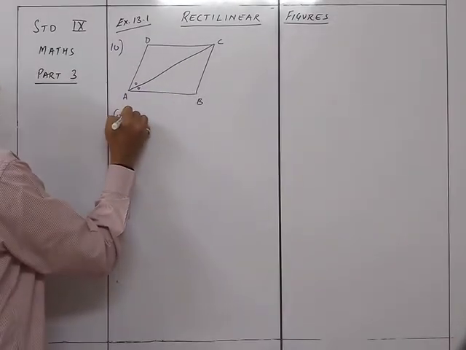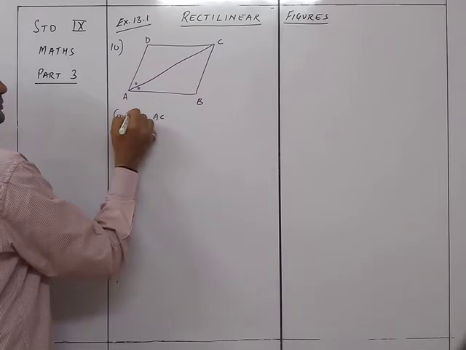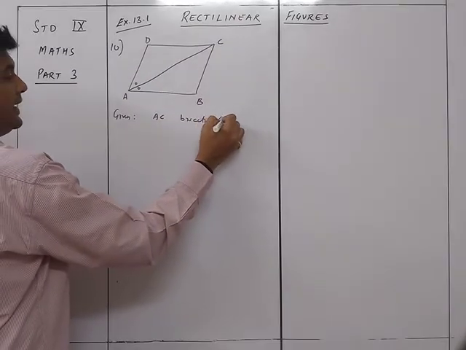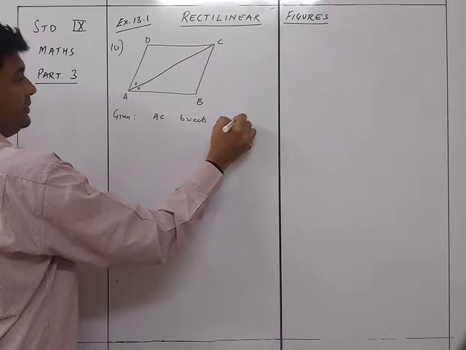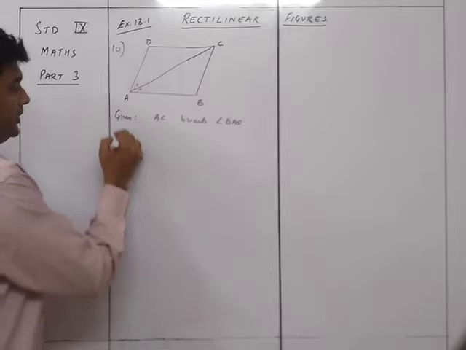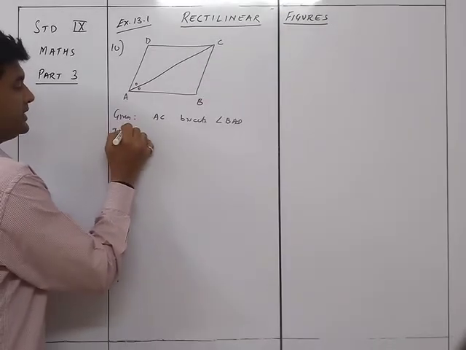So given is AC bisects angle BAD. You need to prove that. To prove that, there are three things to prove.